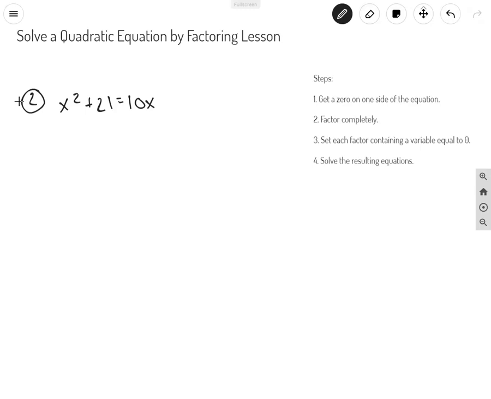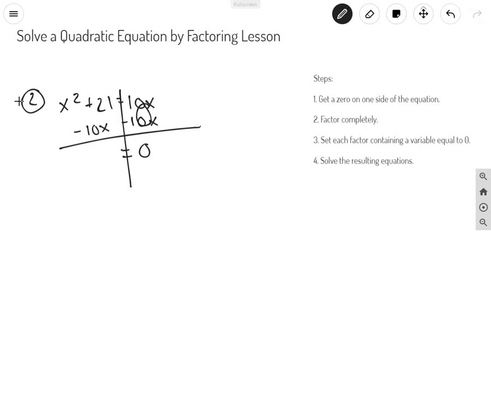To do that, I need to get rid of this 10x. So I'm going to subtract 10x from both sides. Now 10x minus 10x is 0, so I have 0 on this side. But if I look over here, there's no x term to combine it with.